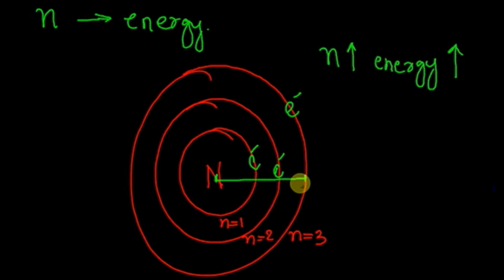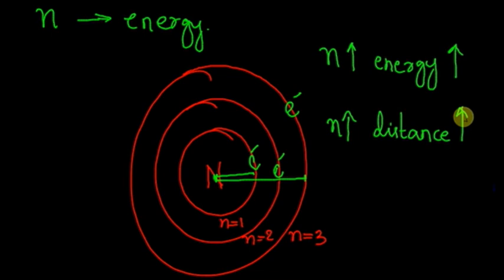The distance of the valence shell, or the size of an atom, is basically measured from the center of the nucleus to the outermost shell, or the valence shell of an atom. To summarize, as n increases, the distance of the orbit of the atom from the nucleus also increases.